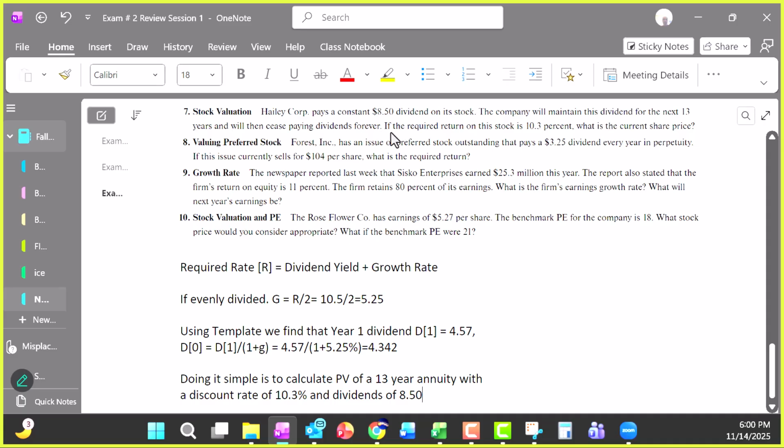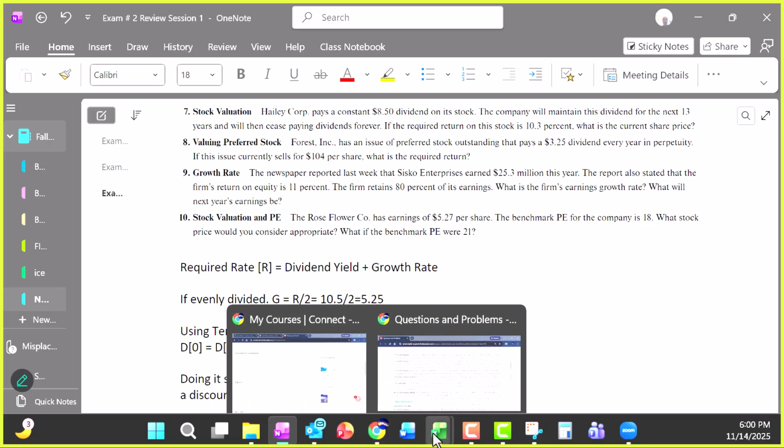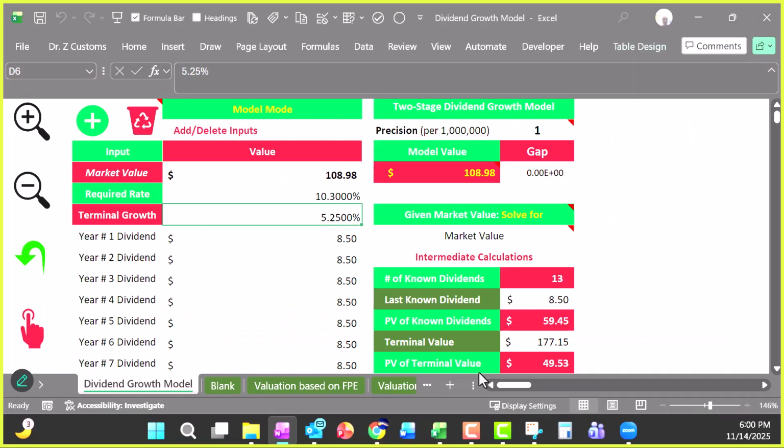So when something goes from a positive value to zero, what's the growth rate of that? You had $8.50. Now you have nothing. What percentage of your money did you lose?